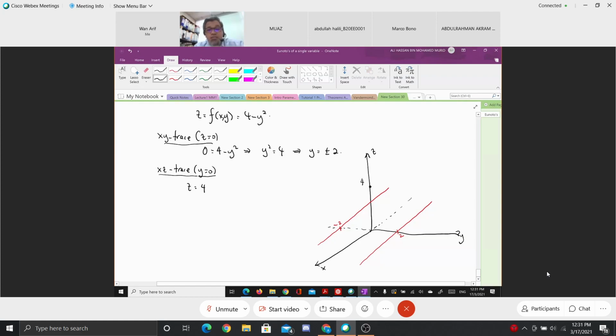The surface intersects the xz plane along the line z equal to 4. Straight line z equal to 4, yeah.